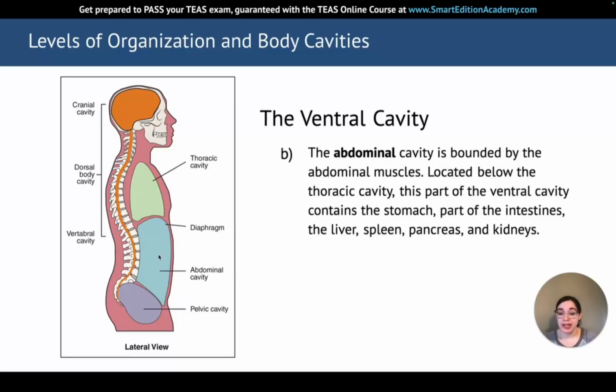Underneath it, as we've already mentioned, is the abdominal cavity, separated from the thoracic cavity above it by that muscle, the diaphragm, and bounded in the front by the abdominal muscles. The abdominal cavity contains many of the digestive organs, including part of the intestines, the stomach, the liver, the spleen, and the pancreas. It also contains the kidneys.